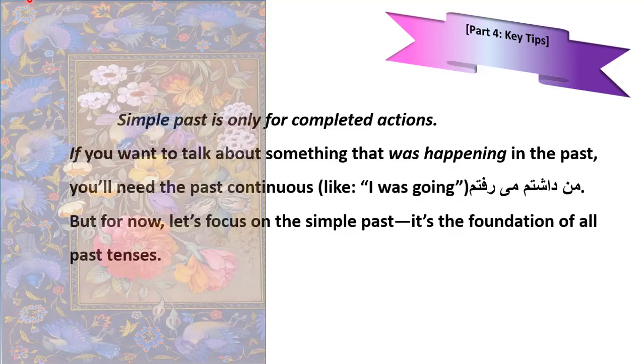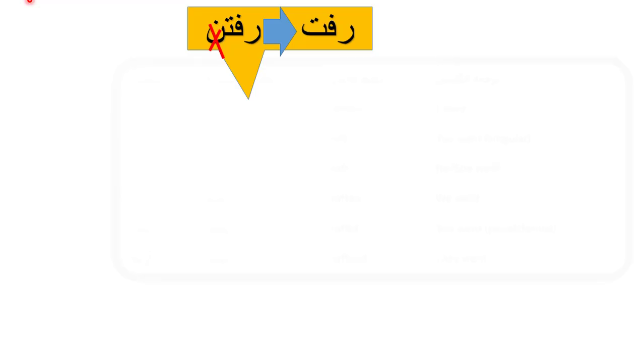Like I was going. من داشتم میرفتم. I was going out. The phone rang. من داشتم میرفتم بیرون که تلفن زنگ زد. All of them happened in the past. But for now, let's focus on the simple past. It's the foundation of all past tenses.